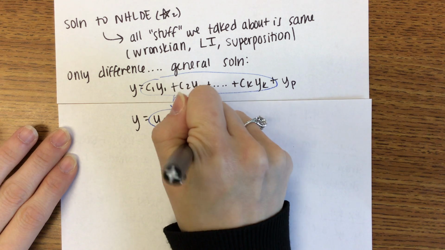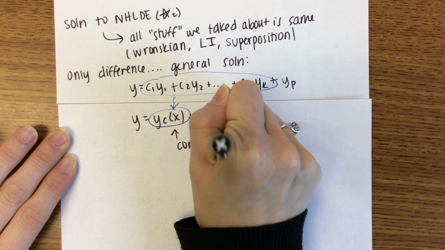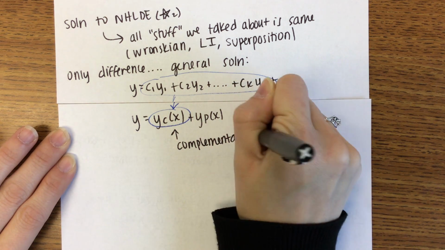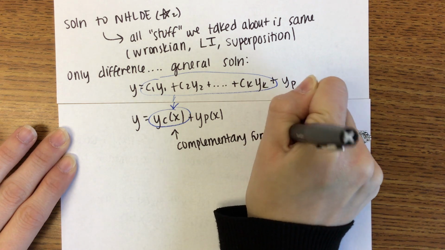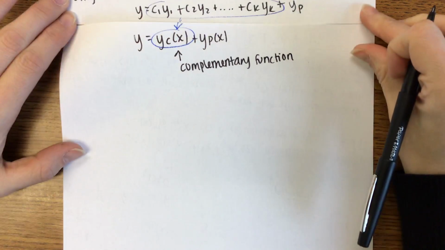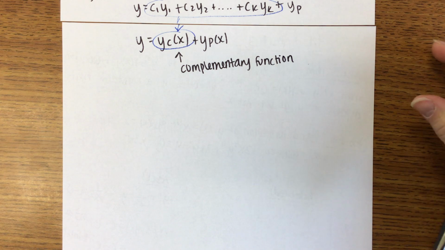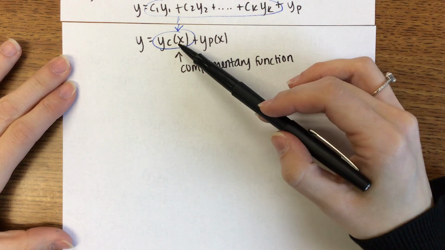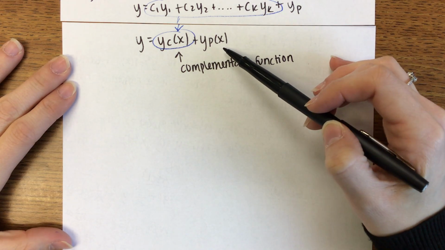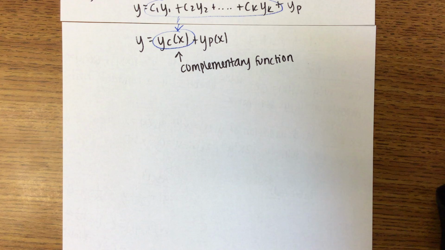This is called the complementary function, or complementary solution. So for a non-homogeneous linear differential equation, you'll have a complementary solution and a particular solution, and you'll have to find both.